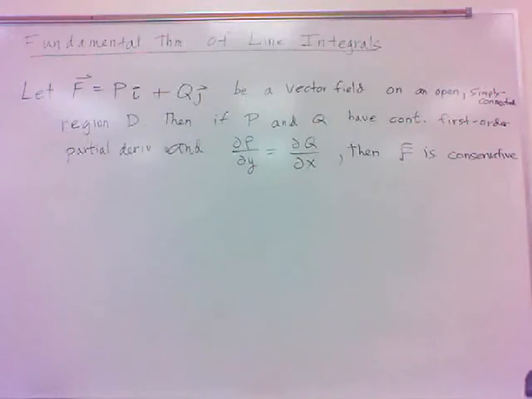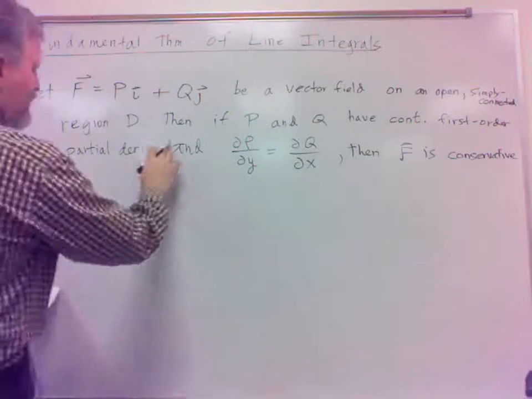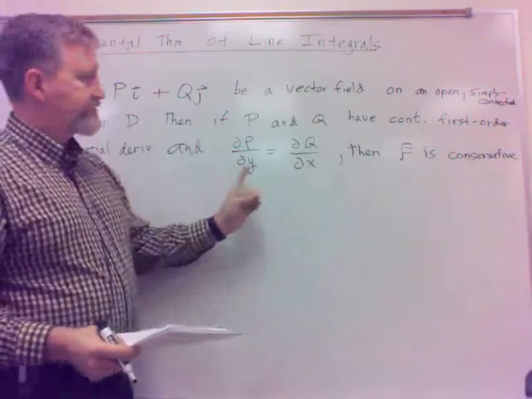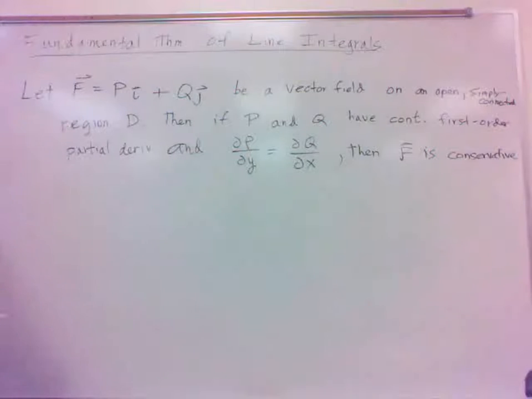Okay, so it turns out, and they go through the proof in the book, I'll let you look at that, but it actually gets back to Clairaut's theorem, I think.